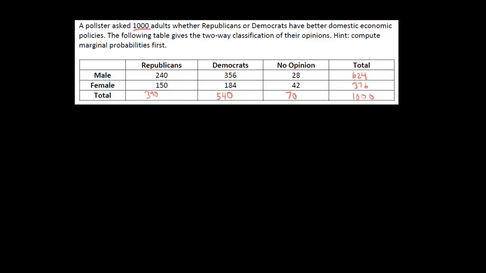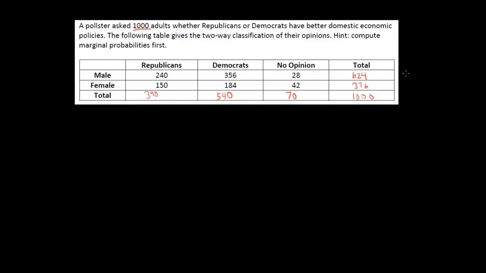Now, let's compute marginal probabilities. Remember, marginal probability is the probability of a single event without regard to other events. So like the probability of being male, or the probability of being female, or of being a Republican, or a Democrat, or no opinion, by themselves.